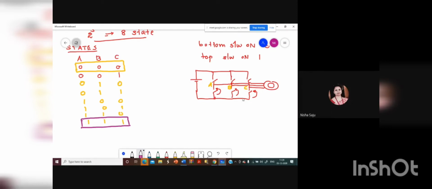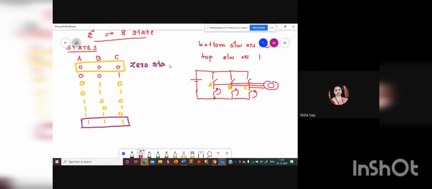So this condition is known as the redundant condition, or we can call that state the 0 state, because it will not contribute towards the non-zero output voltage. It will not have any effect on the output voltage. Why are we calling this the 0 state? Because if the top switches are on or the bottom switches are on, that will short circuit the system, and it will not contribute to the desired output voltage.